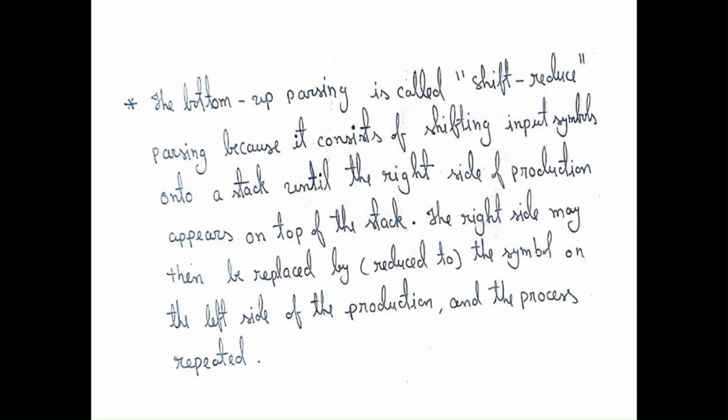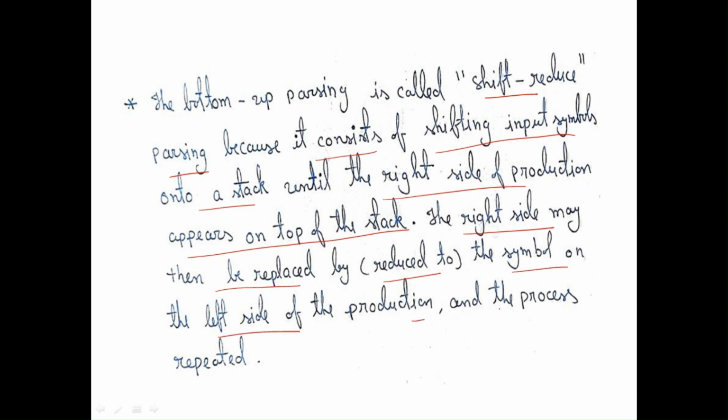Okay. Now the bottom up parsing is called shift reduce parsing. Why? Because it consists of shifting input symbols onto the stack until the right side of the production appears on the top of the stack. The right side may then be replaced by, or reduced to, the symbol on the left side of the production, and the process is repeated.